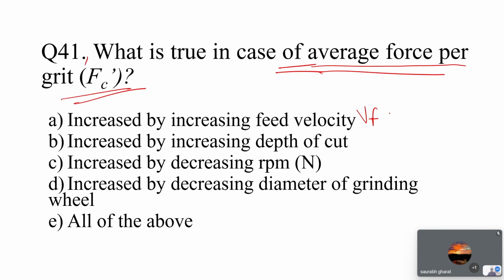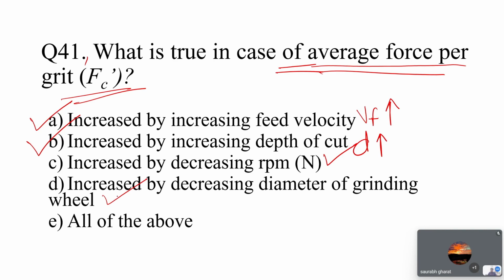Yes, it increases with VF. Increases by increasing depth of cut? Yes, it is correct. Increases by decreasing the RPM? Yes, it is correct. Increases by increasing the diameter of the grinding wheel? Yes, it is correct. So simply the answer is all of the above.